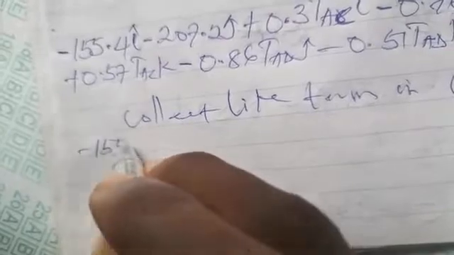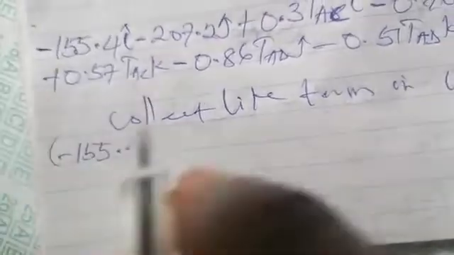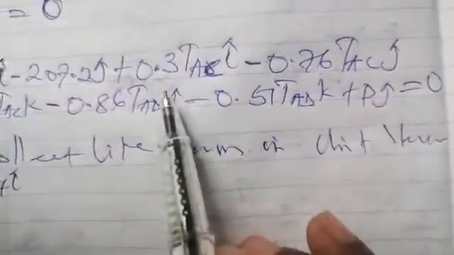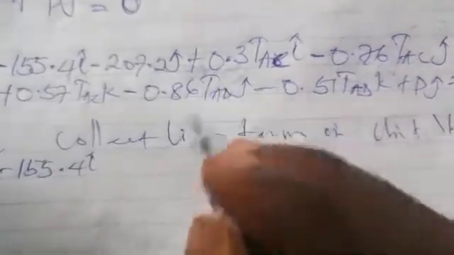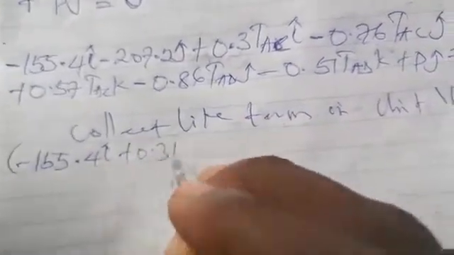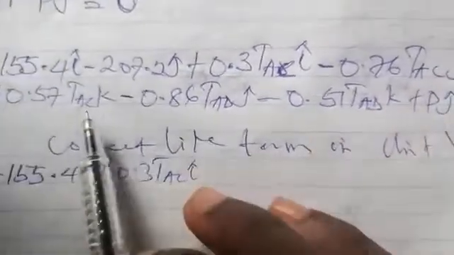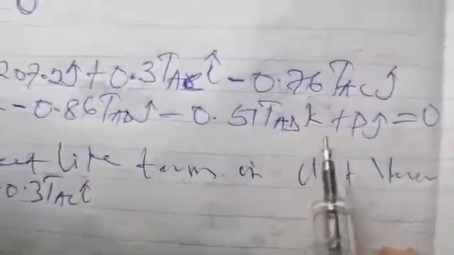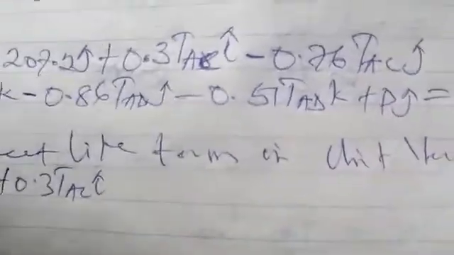Let's bring all the i's together. We have minus 155.4 i, 0.3 TAC i plus 0.3 TAC i. I think that's all the i's we'll have, so we'll close the bracket.